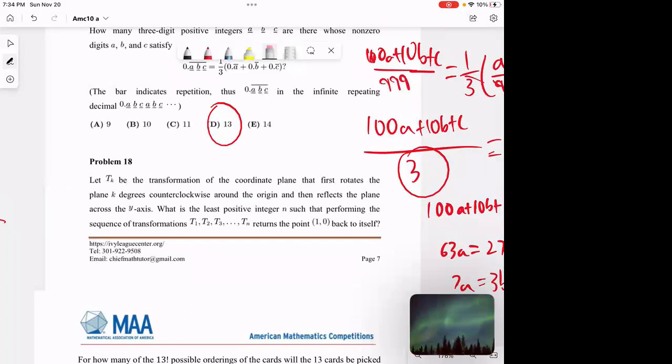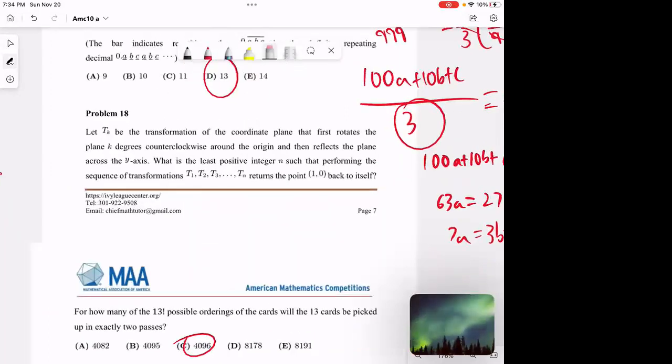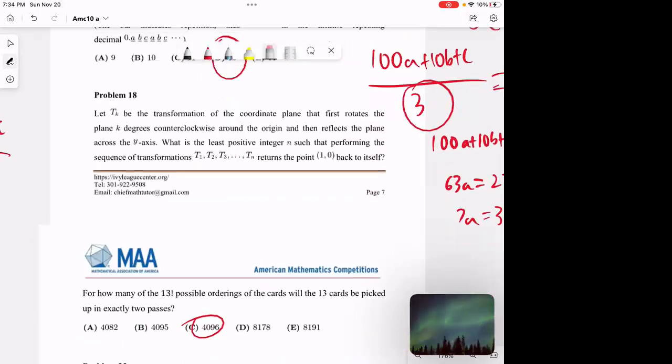Let T be the transformation of the coordinate plane that first rotates the plane k degrees counterclockwise around the origin, and then reflects it across the y-axis. So here we can just look at a pattern.